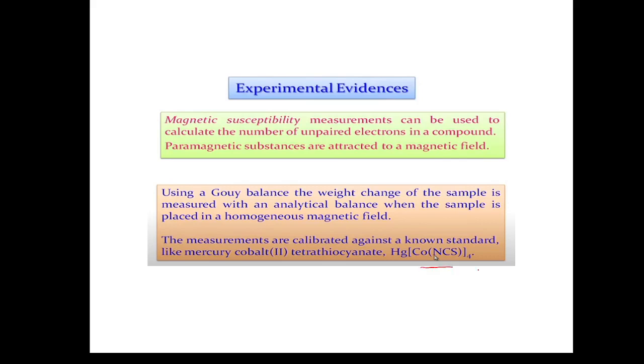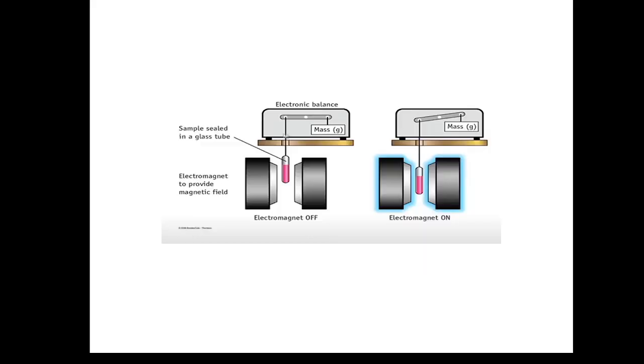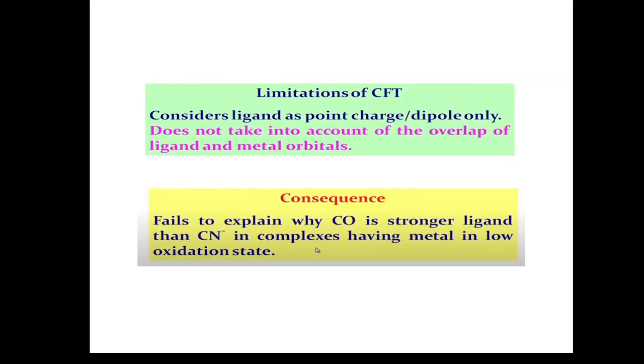You measure the weight without magnetic field and with magnetic field, and then you measure your sample with and without magnetic field, and finally you use the formula to get the magnetic moment. So the two things you have to know are magnetic field on and magnetic field off.